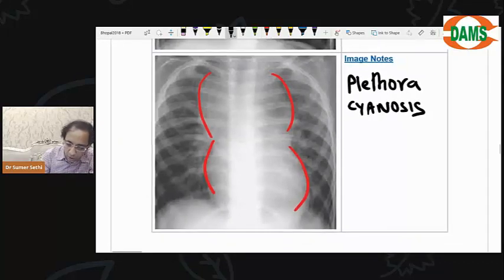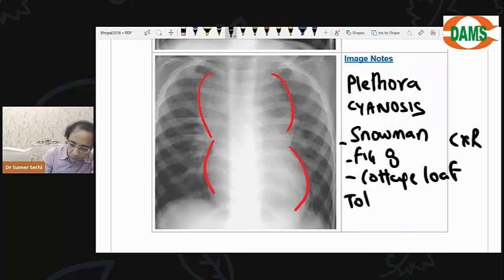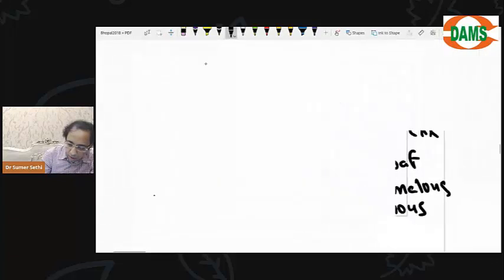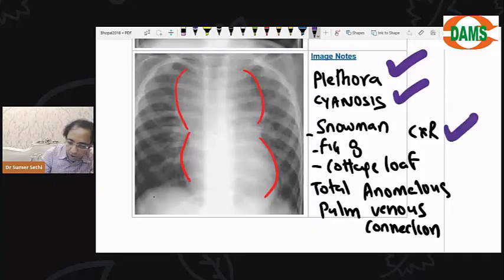This is what is called as snowman heart, figure of 8 heart, cottage loaf heart on chest X-ray, seen in total anomalous pulmonary venous connection. Keywords to look for in the question are plethora, cyanosis, shape of the heart.